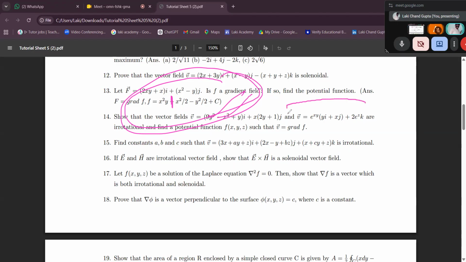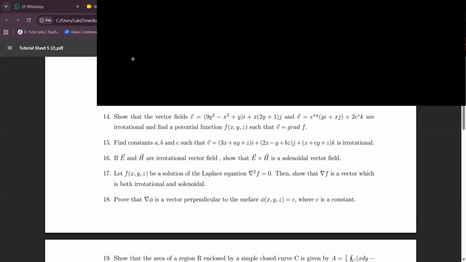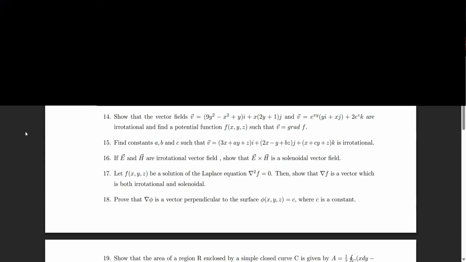Now, can you try to find the scalar potential of question number 14? In question number 14, you have to find a scalar function f such that vector v is equal to grad f.